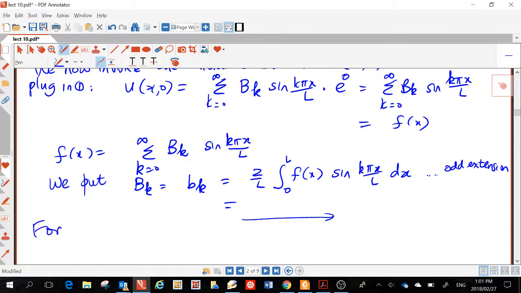So for example, let's take an example. Say f of x equals 1 degree Celsius. Say everywhere the rod is 1 degree Celsius at the beginning.